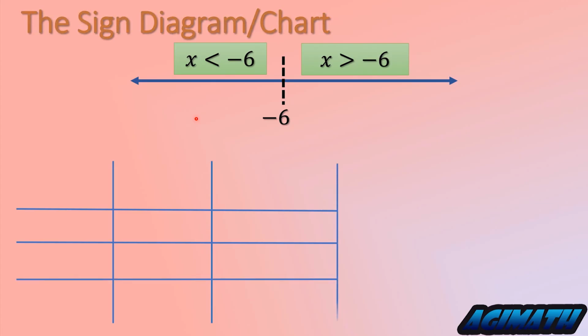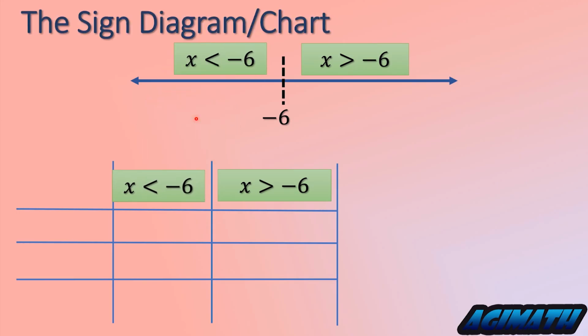So the same method, we are going to use a sign chart. So we have x is greater than or equal to negative 6, and then the other interval, we have x is less than or equal to negative 6. And then we are going to write the factors. The identical factors, x plus 6 times x plus 6.